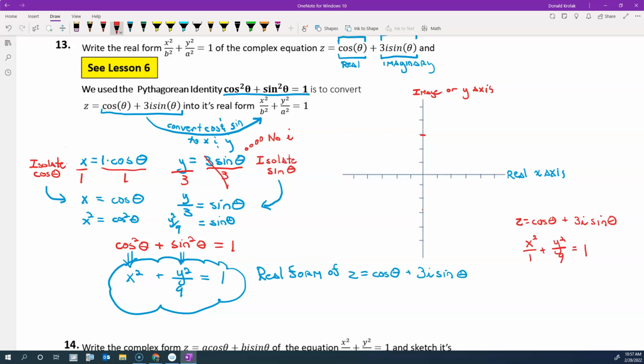If I was to graph the complex one, that is the real number, and this is on the imaginary axis. So there's 1, and there's 3i.